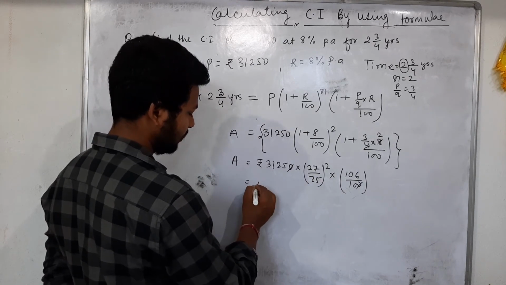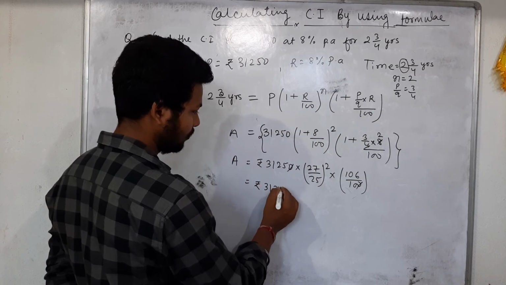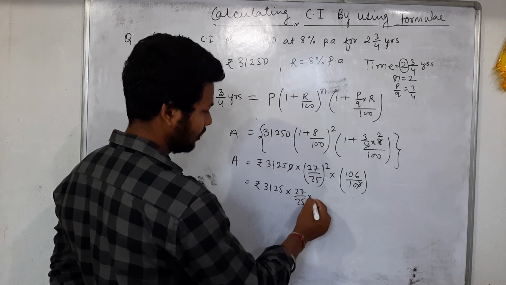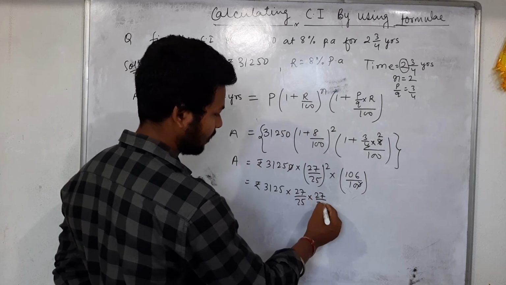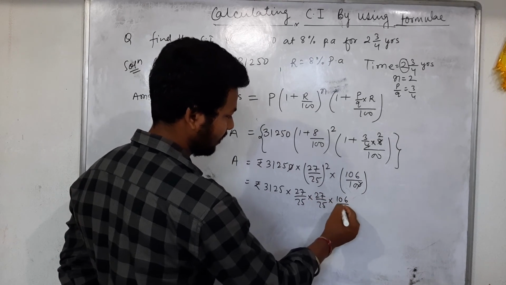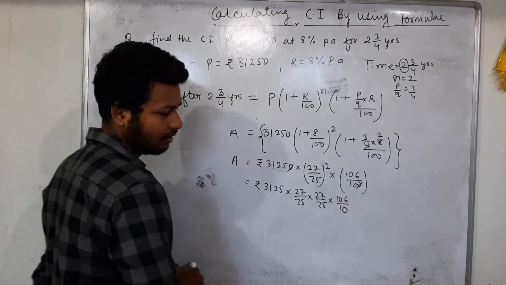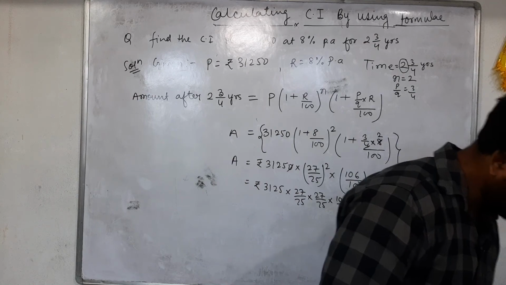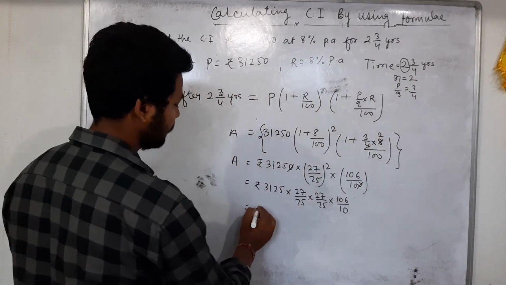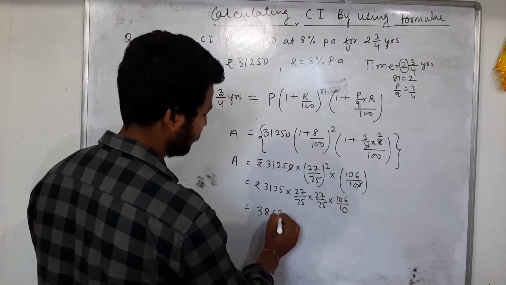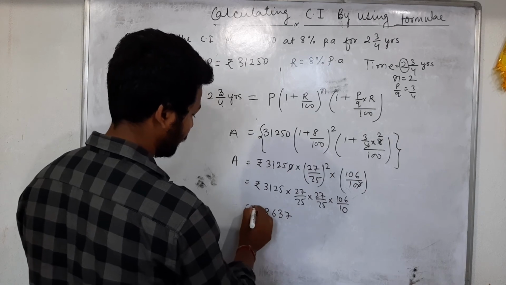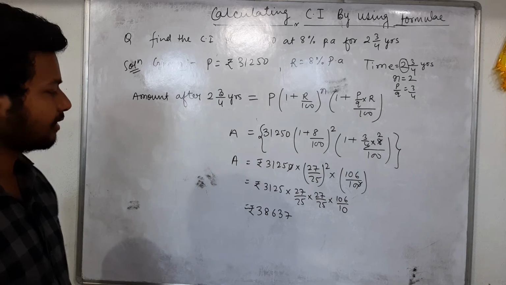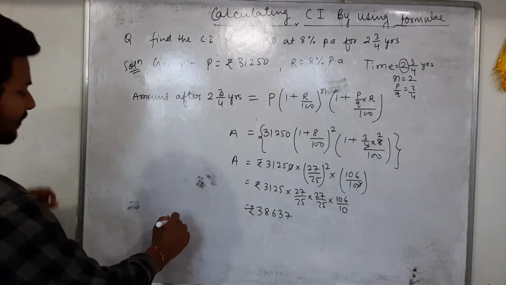This can be written as 3125 into 27/25 into 27/25 into 106/10. On solving this you will get 38,637. So after solving this our amount is going to be 38,637, okay.